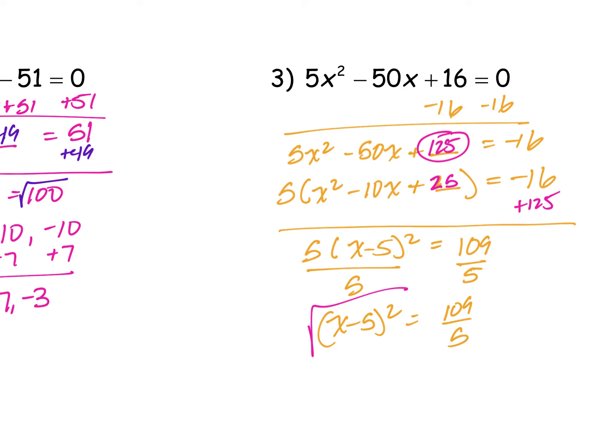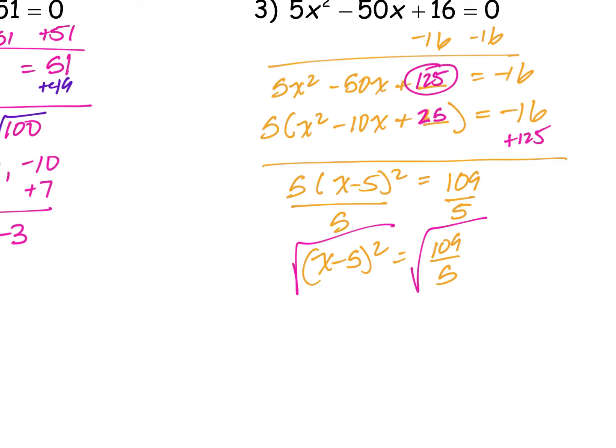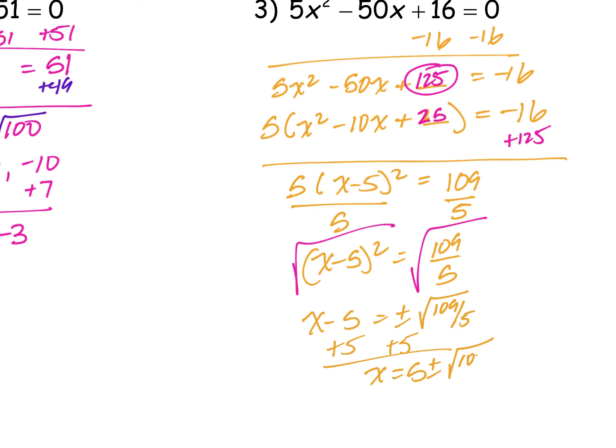Then I'm going to square root it. And I've got x minus 5 equals plus or minus the square root of 109 divided by 5. Add 5 to both sides. So x is going to equal 5 plus or minus the square root of 109 divided by 5. Okay, beautiful.